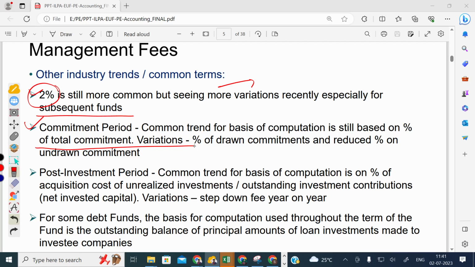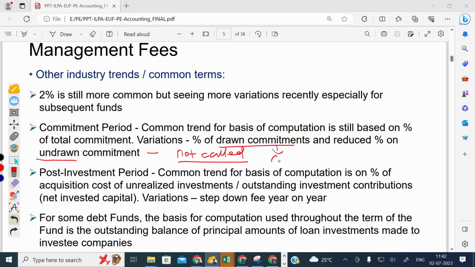Can anyone tell me what undrawn means exactly? Undrawn means capital that is not called yet, not yet drawn or utilized. Drawn means capital already called for some deals, an already called commitment.